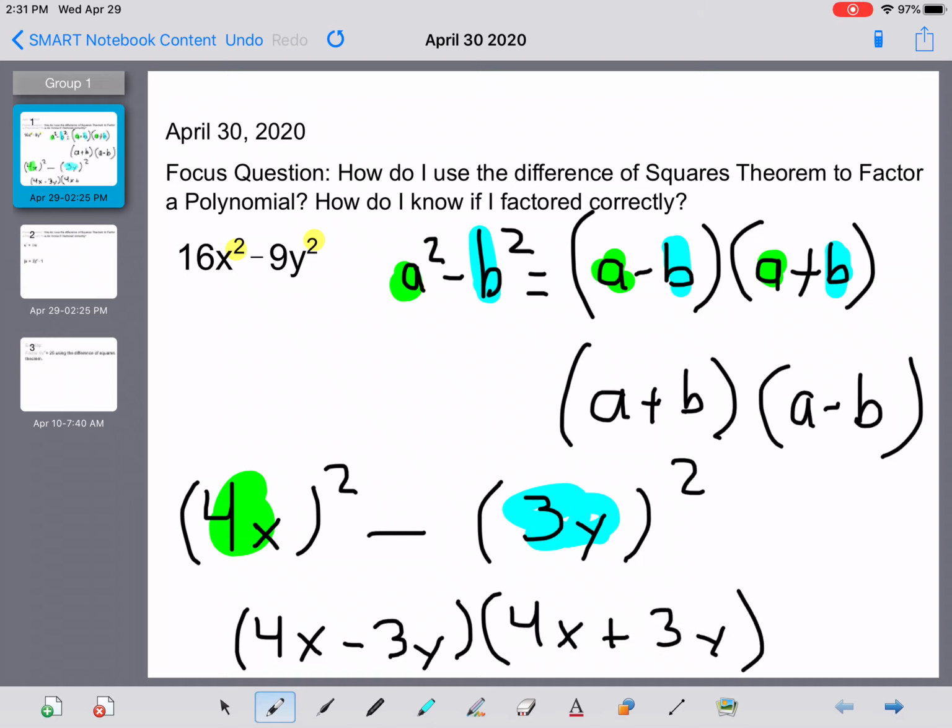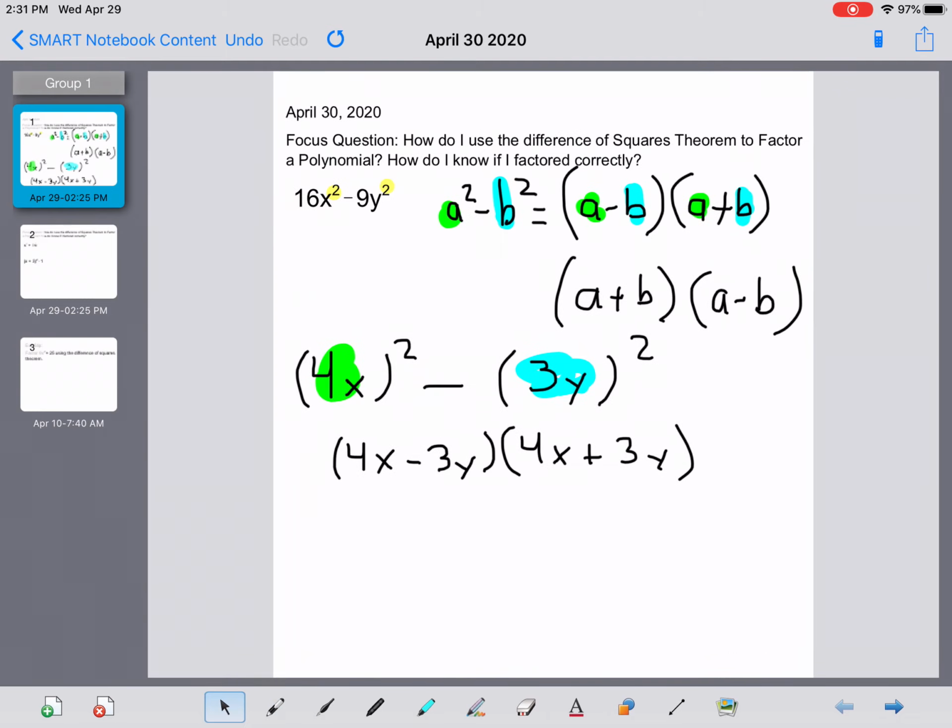Now, one way you could tell if you did this correctly is just go back and expand it. Because we're saying 16x squared minus 9y squared is the same thing, it's an identity, to the quantity of 4x minus 3y times the quantity of 4x plus 3y. So I could expand this to see if I factored correctly.